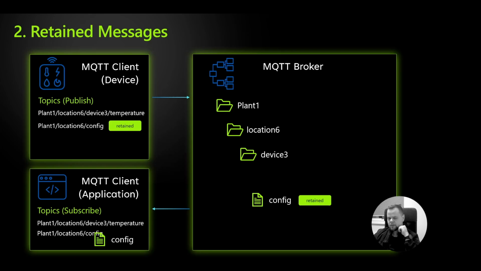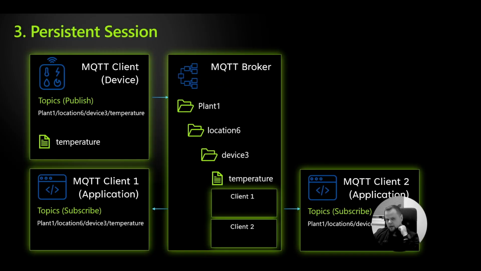Moving to the next one, this one is called persistent session, and as you see, the diagram became a bit more complex. This time what we have is one publisher, the broker obviously, and two subscribers.